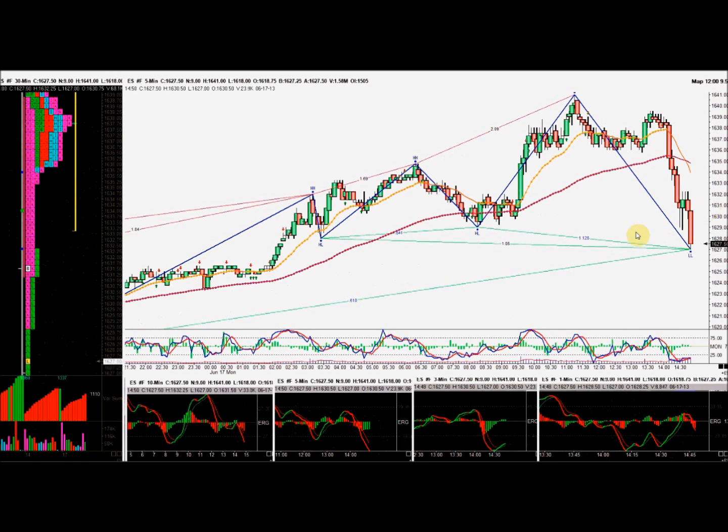I'm at 27.50 now. We're going down to 27.50. I'm going to move my stop down again. I'm going to move it down to 29.50. I'm going to move my stop down to 29.50.